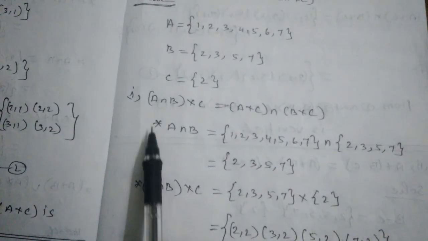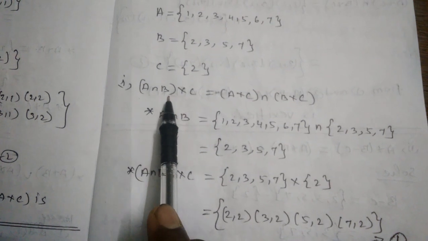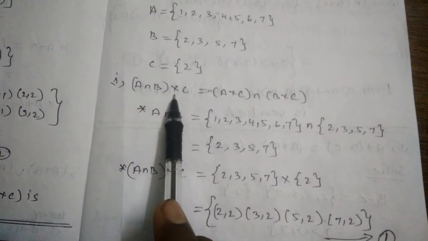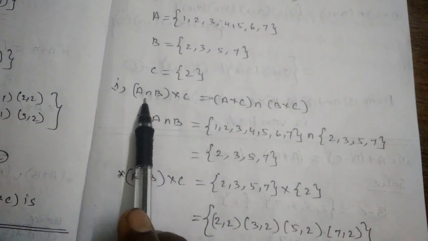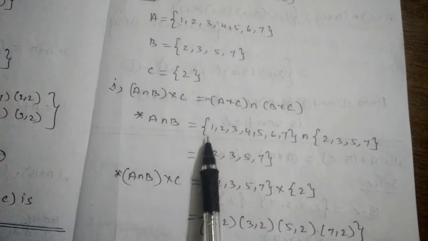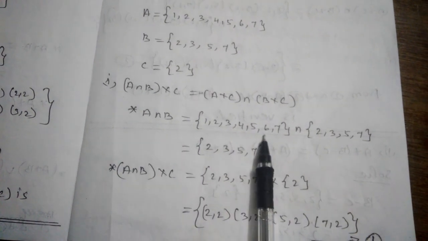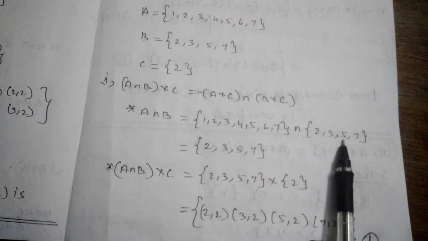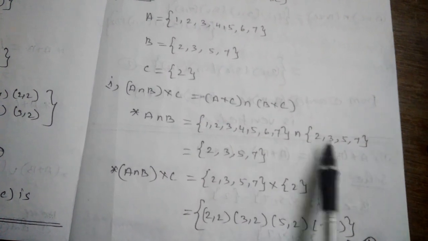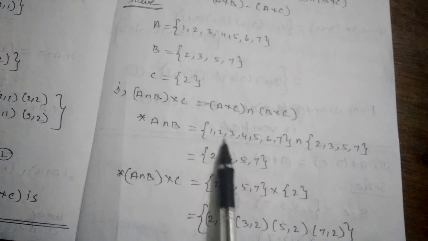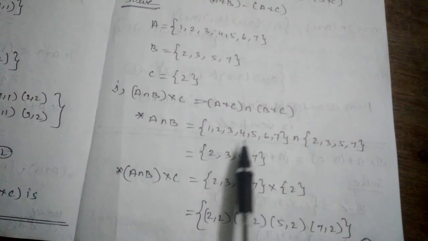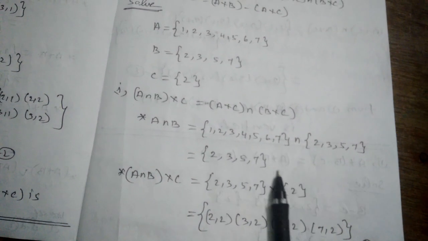Now solve the problems. First problem: (A intersection B) cross C is equal to (A cross C) intersection (B cross C). First we find A intersection B. Intersection means common elements. What is common? 2 is common, 3 common, 5 common, 7 common, right?